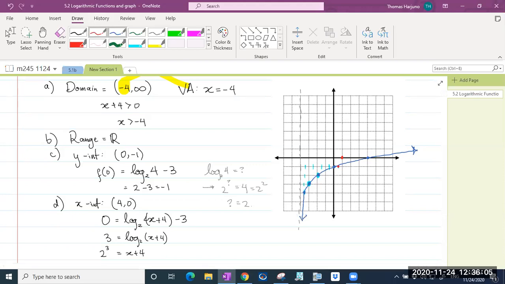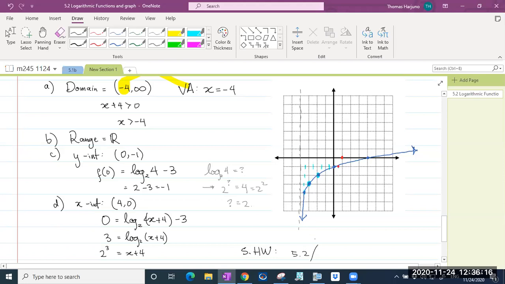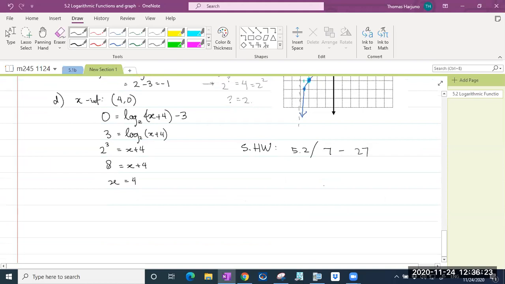Now, suggested homework from here: section 5.2, number 7 to number 27, number 33 to number 49, number 75, 77, and then 85 to 91.